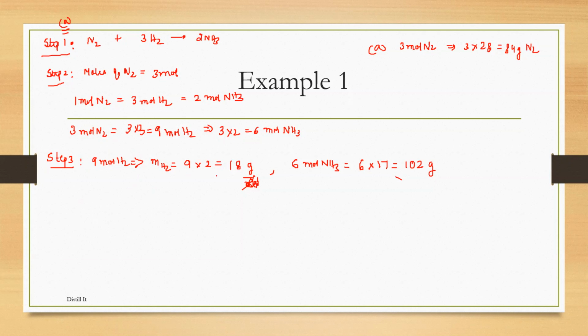We have already calculated that mass of hydrogen that is reacting is 18 grams. And we have also calculated that mass of ammonia that is produced is 102 grams.